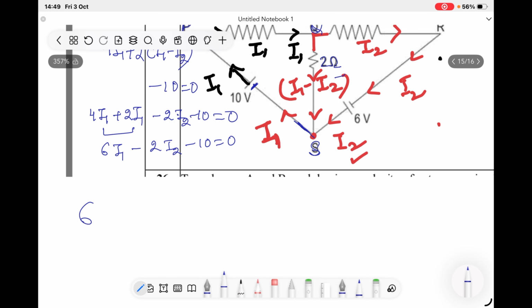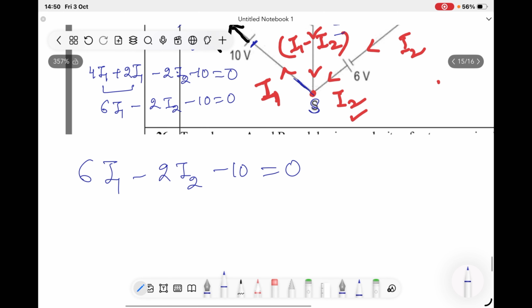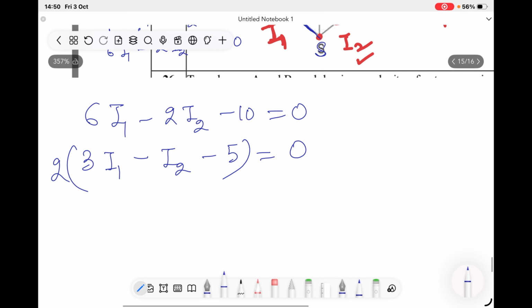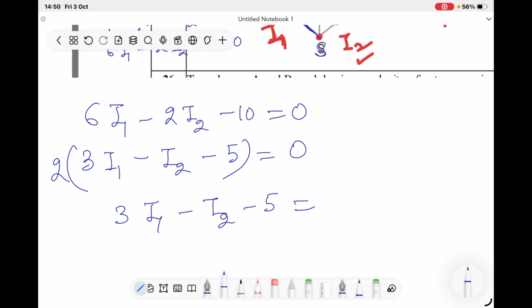If I wish, I can take 2 common, then 2 will go to 0. 3I1 minus I2, 2 fives are 10. So I have taken 2 common. If you wish, you can write 2 this way and then 2 will go to that side. So 3I1 minus I2 minus 5 equals 0.